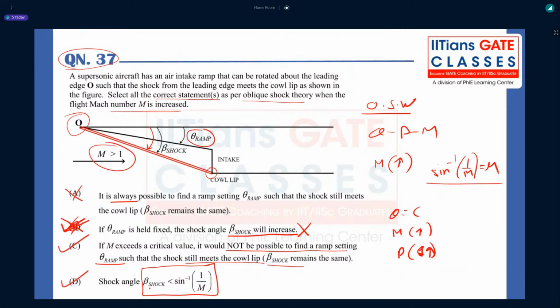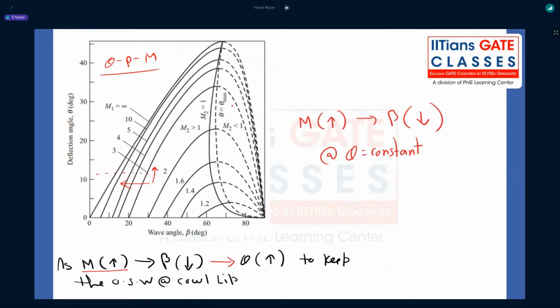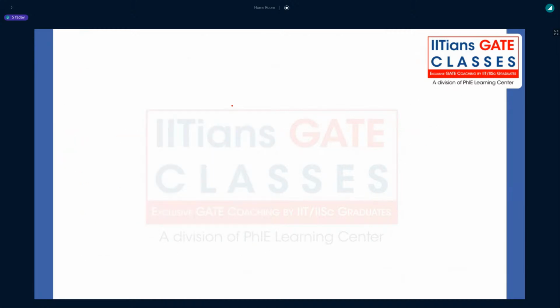So this statement also is true. Beta will always be greater than the Mach angle. So the final answer: C and D are correct, and A and B are wrong. You are supposed to choose the correct statements, so the answer would be C and D. Okay, let's go to the next question.